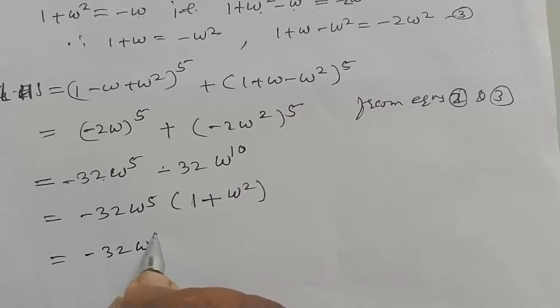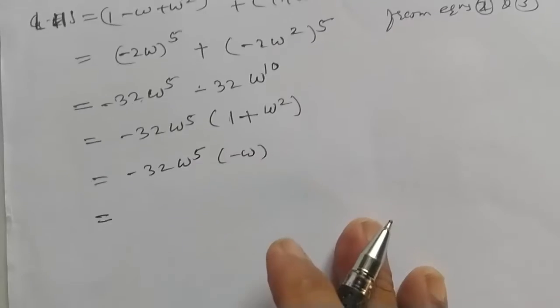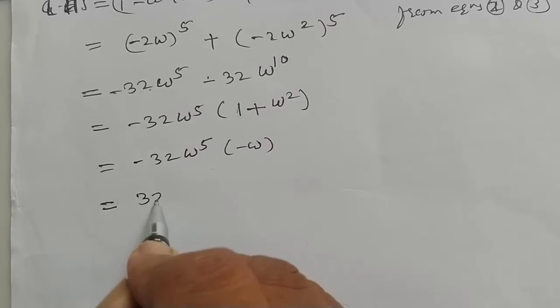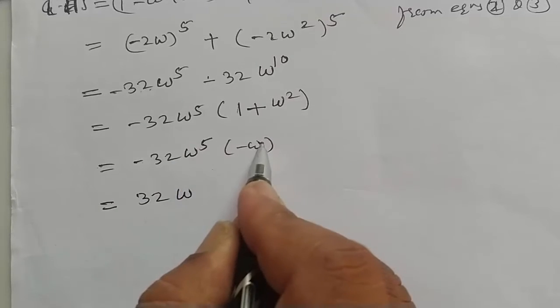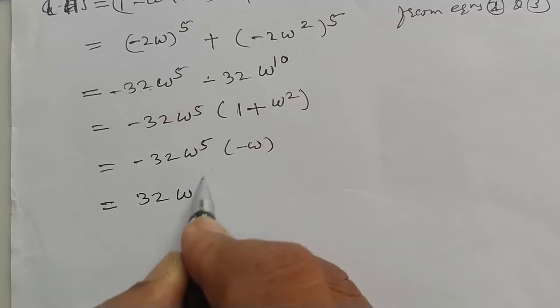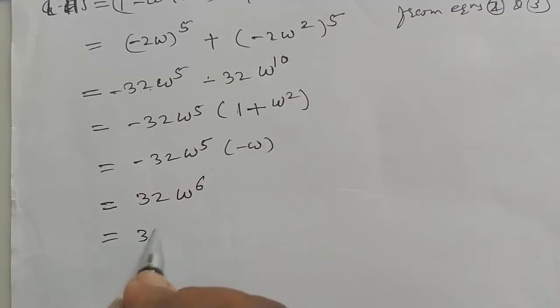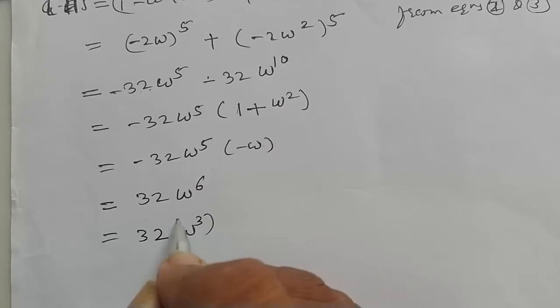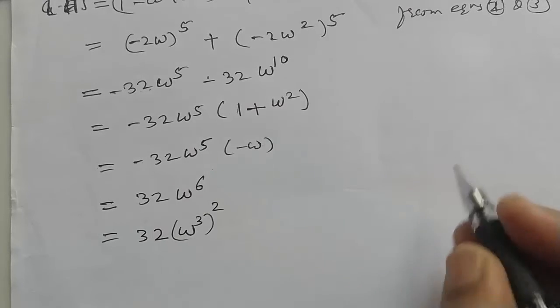Minus 32 omega raised to 5, and 1 plus omega square is minus omega, is equal to minus minus becomes plus 32 omega raised to 5 into omega, which is omega raised to 6, equal to 32 omega raised to 6, which means omega raised to 3 raised to 2.